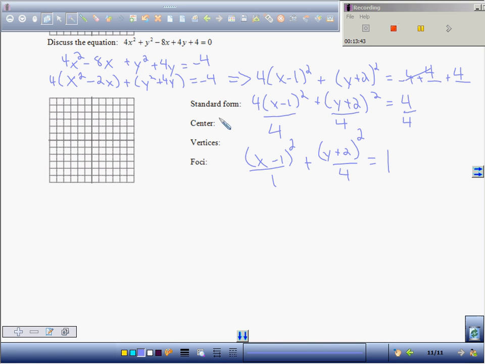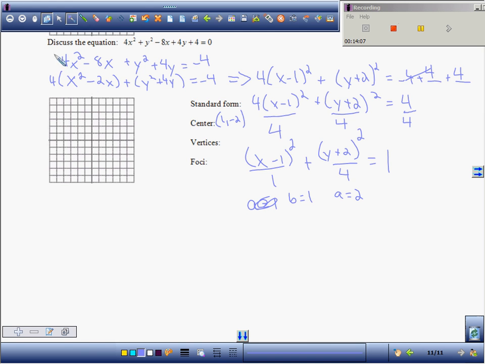The center is (1, -2). B is 1, and A is 2. And then you could graph it and do all the stuff like you did in the last problem. I'm not going to go there. We've already done it.